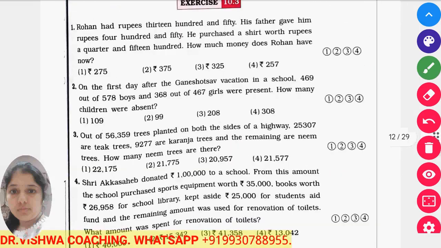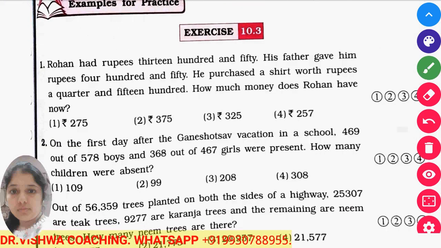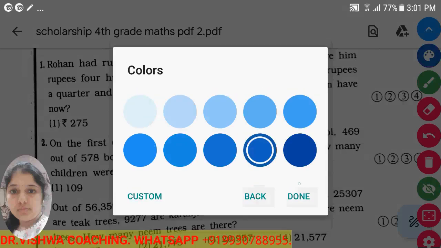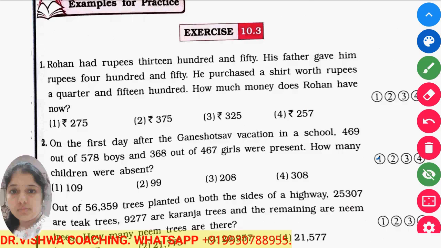Okay, now in the next practice exercise, there are some in which we have to do the dual operation, that is addition also and subtraction also. So the first sum is: Rohan had rupees 1350.